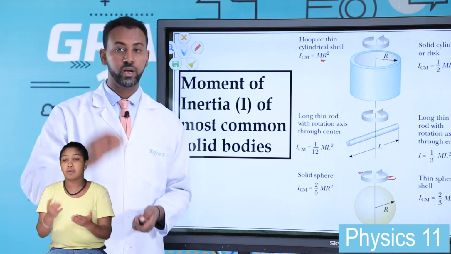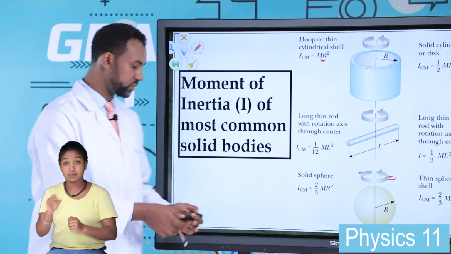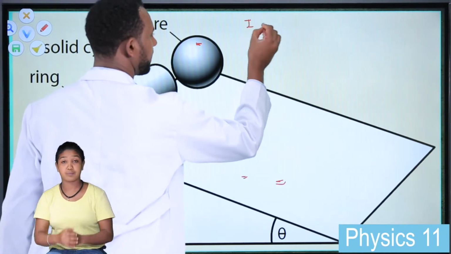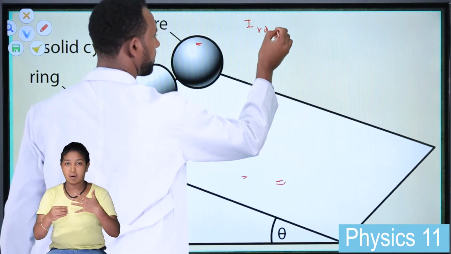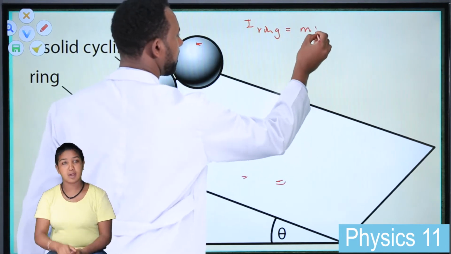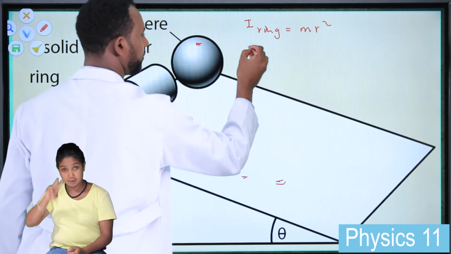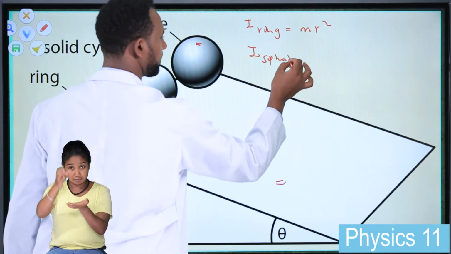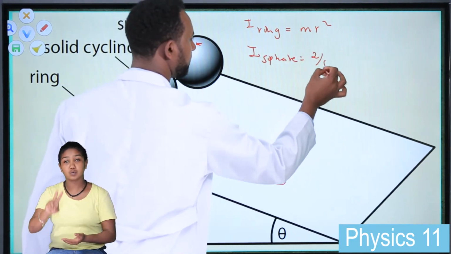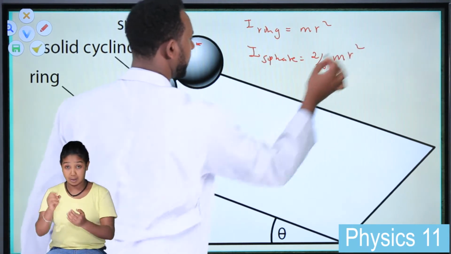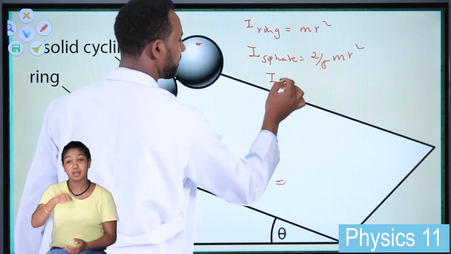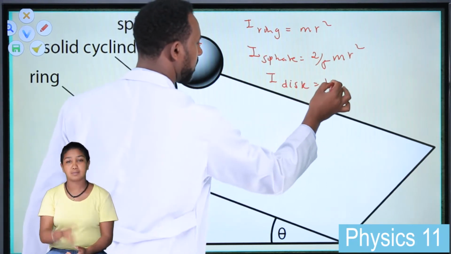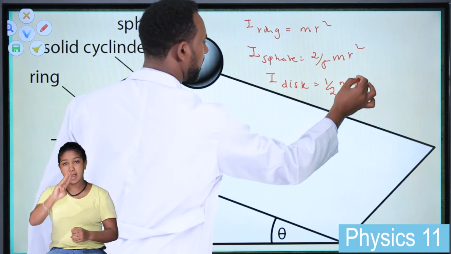Therefore, we should compare the moment of inertia of those bodies: the ring or hoop is mr squared, the sphere is 2 over 5 mr squared, and the disk is 1 over 2 mr squared.